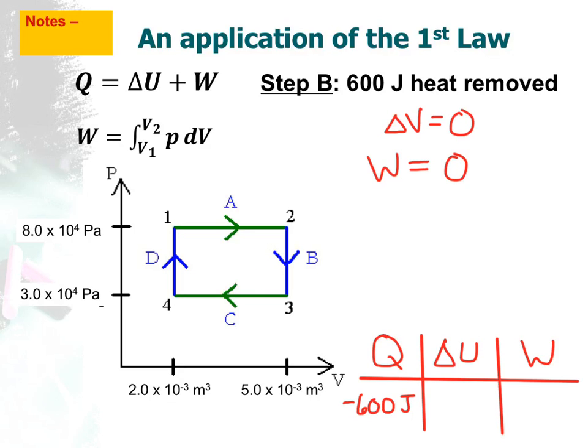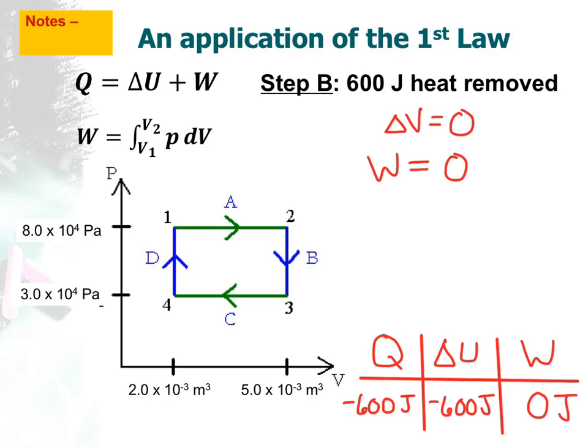So that means that the amount of work that the gas is doing on its surroundings has to also be 0. Well, that means that the internal energy also has to equal negative 600 joules. So again, as heat is coming out of the system, that has to come from the internal energy of the system.